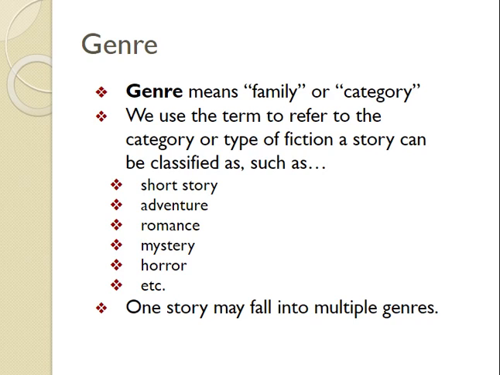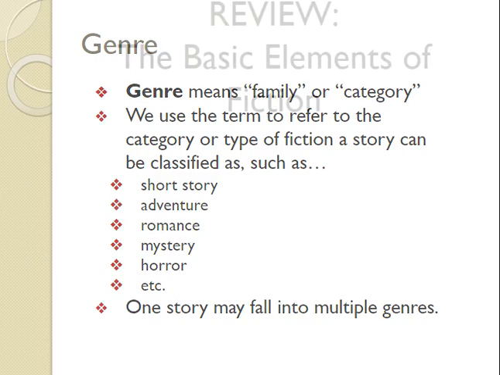There are some stories that would be really hard to classify. They kind of create their own genre, but almost all stories that I know of, there's at least one fairly well-known category that you could fit it into. But as I said, many stories could be put into more than one, so there's often not one right answer if we ask you what's the genre of a story.